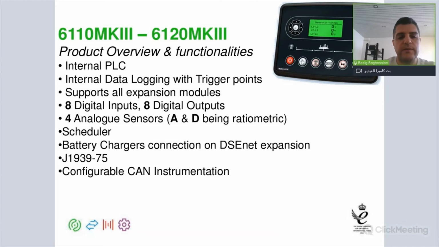Then you can configure other items associated with the engine temperature, such as kilowatt total, current, etc. And then after a trigger point happens, you can read the data logging, and then you can compare, or you can view the data logging graphs.